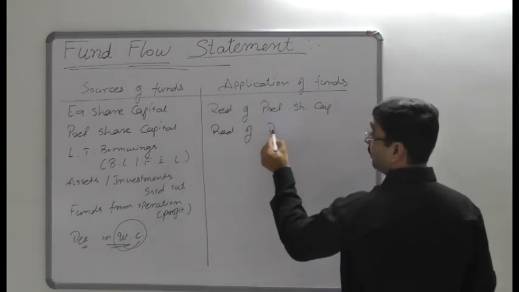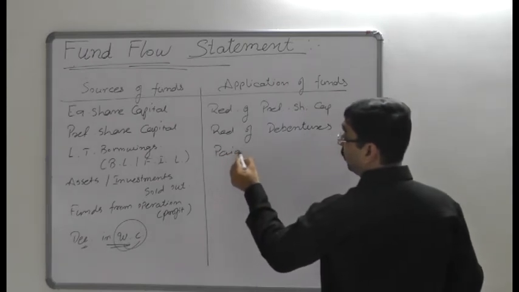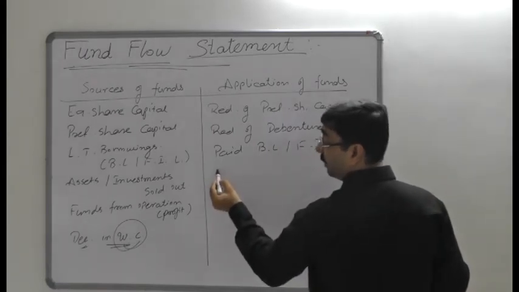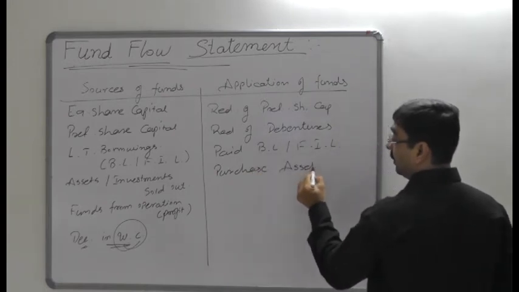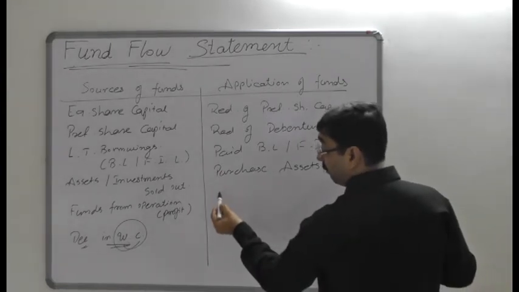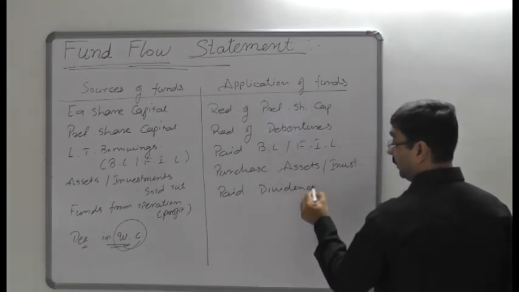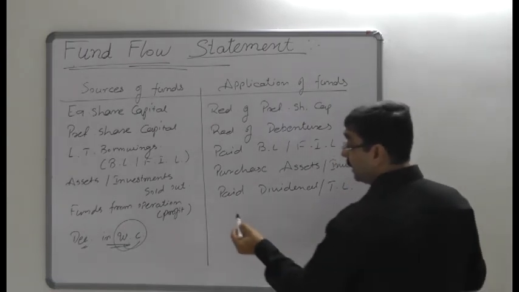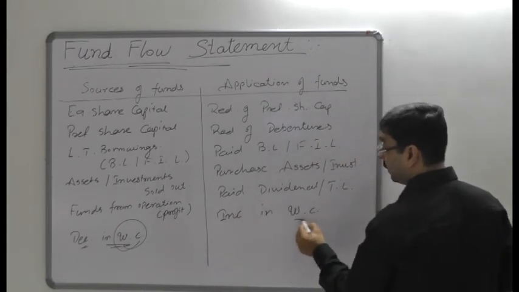Redemption of debentures, if you paid a bank loan or financial institution loan, if you purchase any assets or investments, if you paid dividend and tax liabilities, which are also recorded under application of funds.